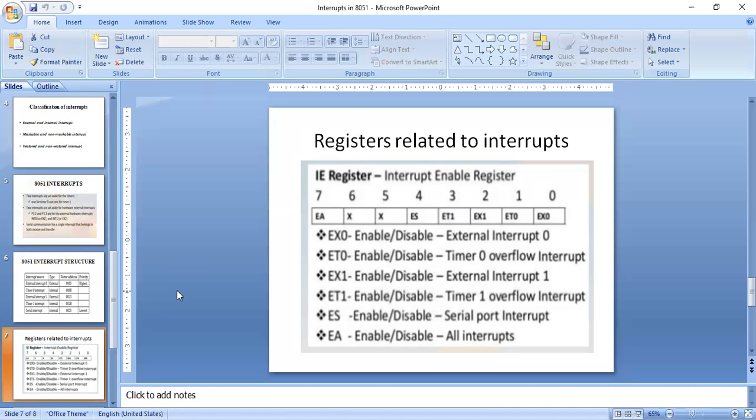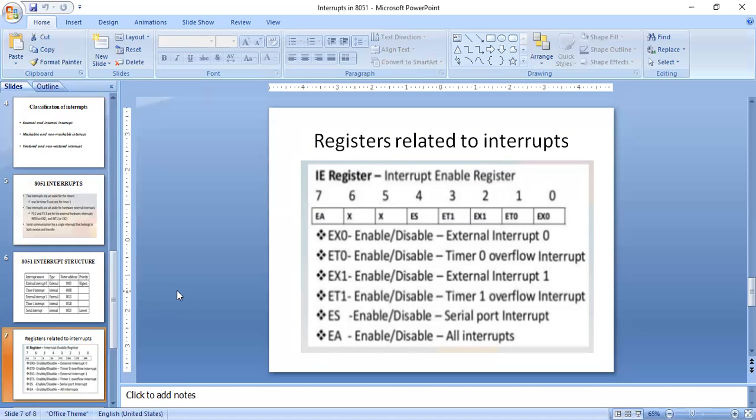This is all about the IE register. The IE register is an 8-bit register, used for enabling the interrupts. Once it is enabled, only then will the interrupts be serviced. So for any of the 5 interrupts to be serviced, the 8th bit, which we indicate by IE.7, should be high.